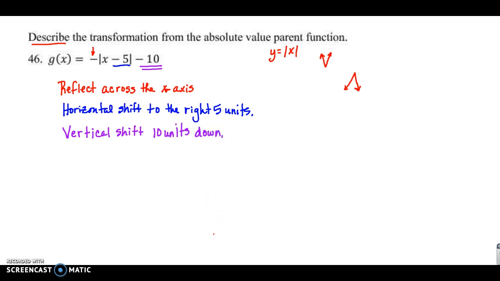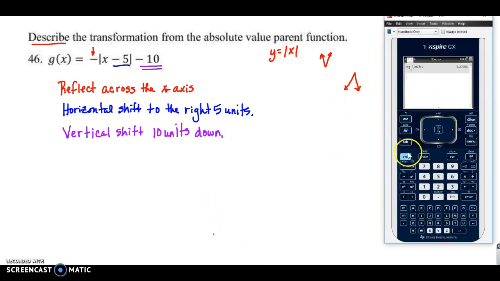Either way is fine. Remember, you can go to your calculator, and I'm going to open up a graph screen so that you can see it. If I type this in as is, it would be a negative. Then my absolute value: if you forgot where that is, or have trouble finding it, your template key over here next to the 9 has absolute value bars.